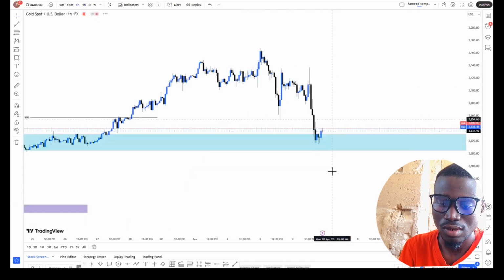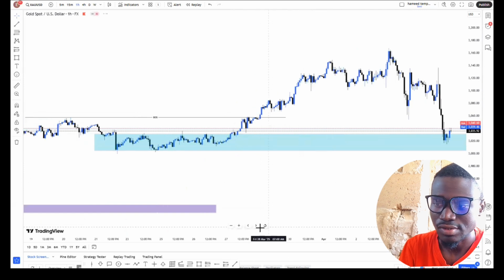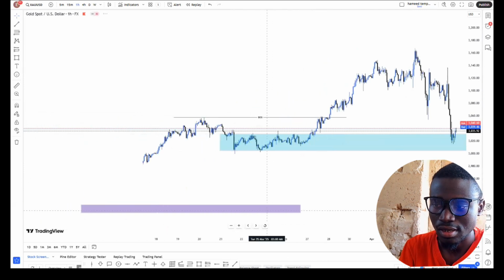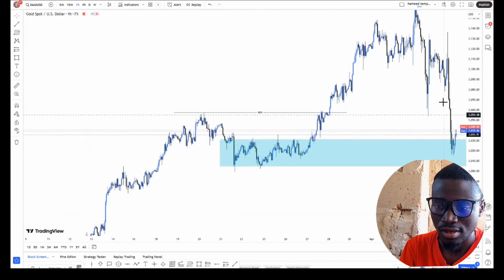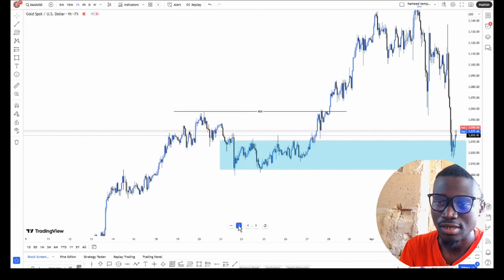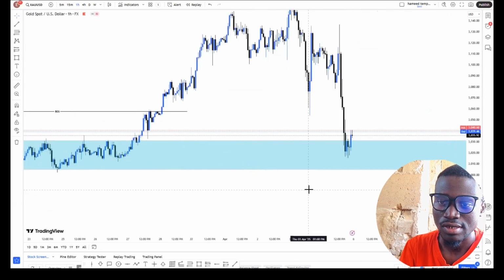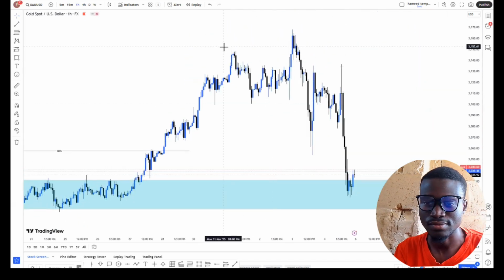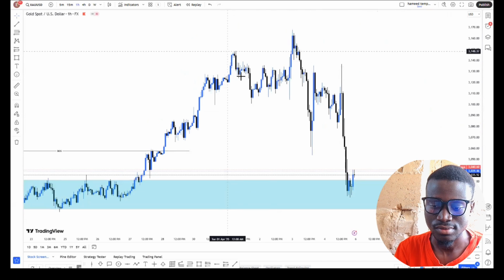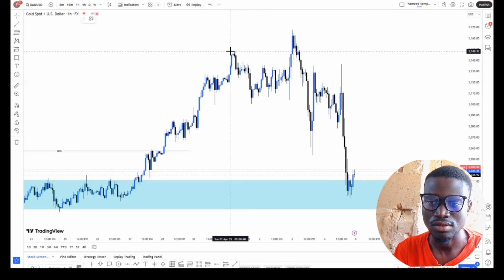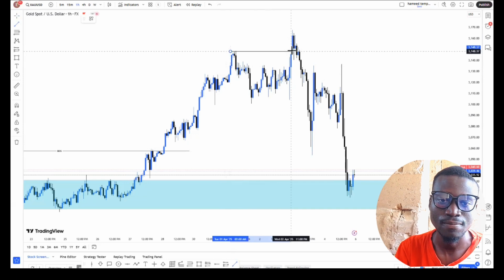Now on 1 hour, we have this clear chart pattern here, because we have this last break of structure. This one here. We have this break of structure here.